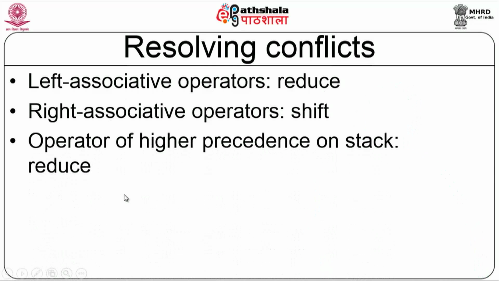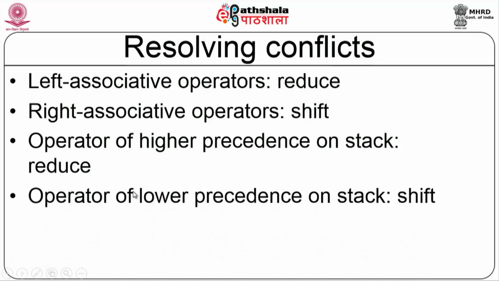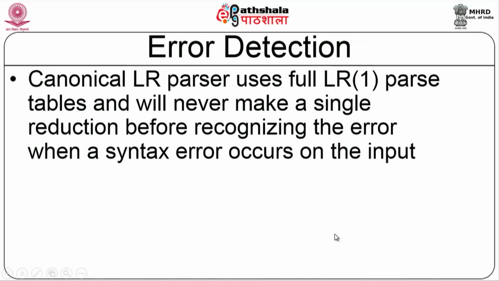If you have a higher precedence operator on the stack, again you go with the reduce action as against a shift-reduce conflict. If an operator of lower precedence is available on the stack, you go with the shift action as against any other conflict. Error detection is typically done here.